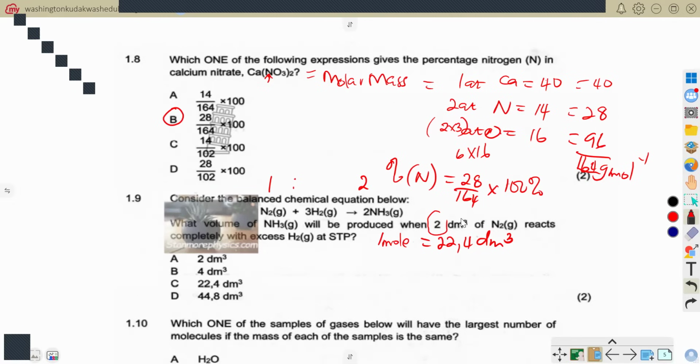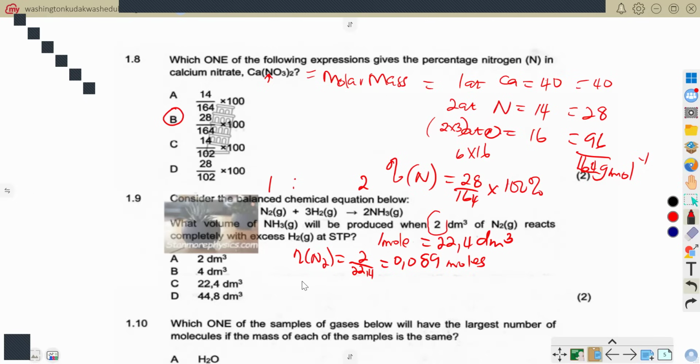The number of moles for nitrogen is going to be equal to 2 divided by 22.4. That gives you 0.089. Now we know the number of moles of nitrogen.